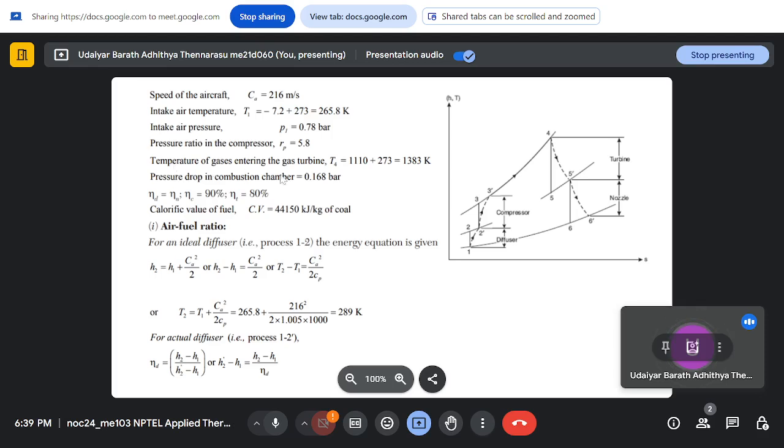Temperature of the gas entering the turbine is 1110 plus 273, which is 1383 Kelvin, and pressure drop in combustion chamber is 0.168. And my efficiencies are all given. Nozzle, diffuser and compressor efficiency is 90% and turbine is 80%, and the calorific value of fuel.